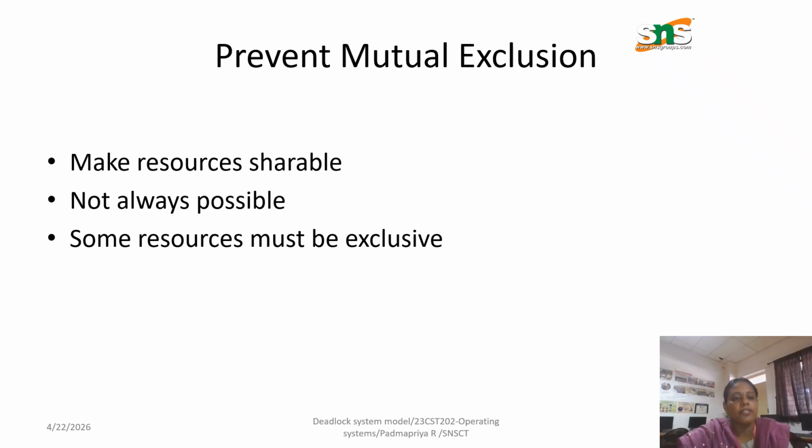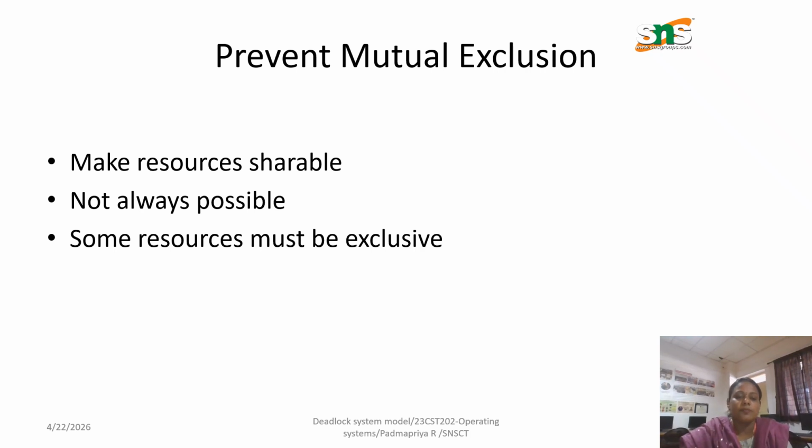So to prevent mutual exclusion, make resources shareable, which is not always possible. Some resources must be exclusive, which means a resource should be shareable by one or two processes, and it is not always possible. If two processes can use a single resource, a clash may occur.